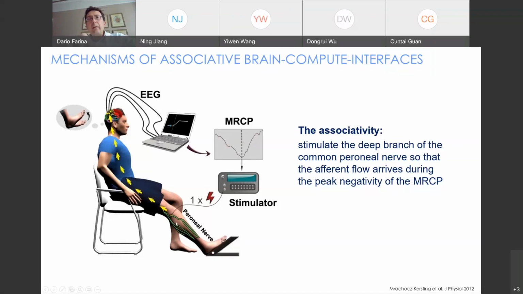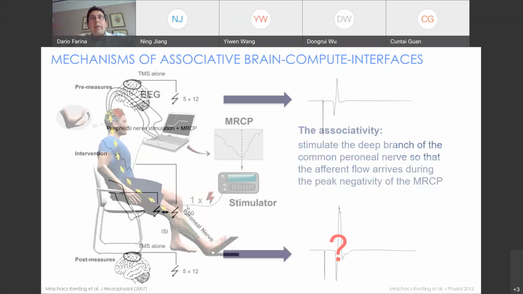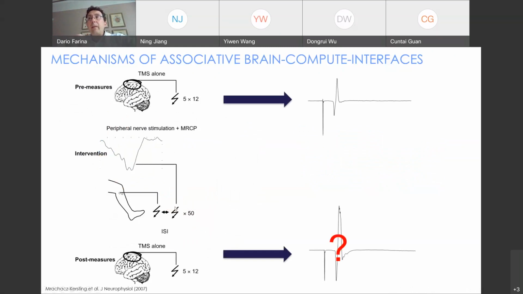The idea is that this is a paradigm of associative plasticity, meaning that a motor command is associated to an afferent volley. And in order to prove that this follows the basic mechanism of associative plasticity, we had to investigate the timing and how important the timing is. So the idea is very similar to the pair stimulation, but in this case, it's in a BCI paradigm.